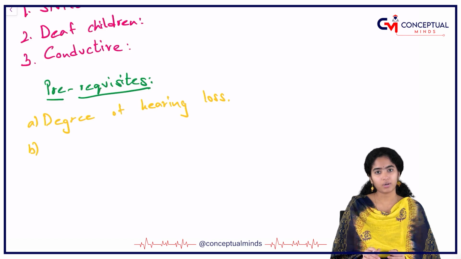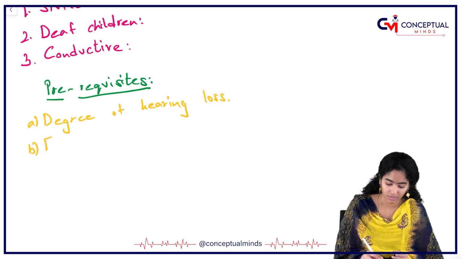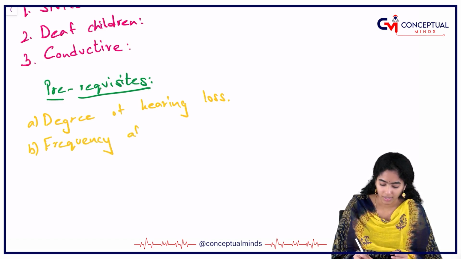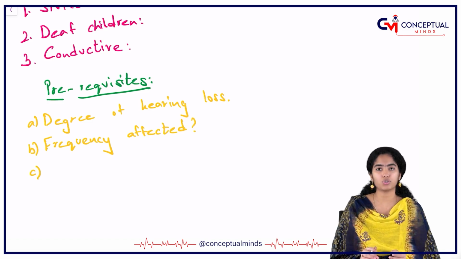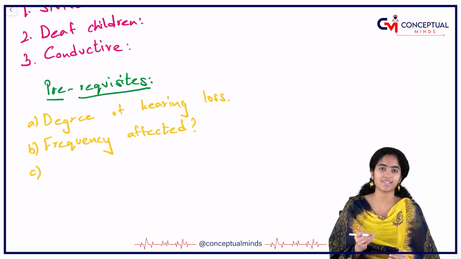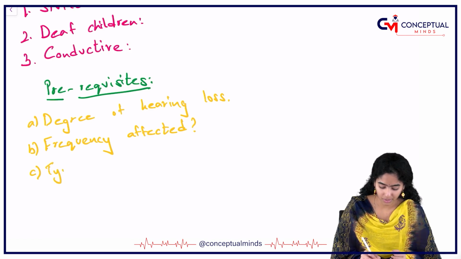And then we should find out the type of frequencies that are affected, because for high frequency hearing loss there are some devices which are suitable, and for low frequencies there are some other devices. So we should know at which frequencies the patient is having maximum hearing loss. And of course the type of hearing loss. What do I mean by type?